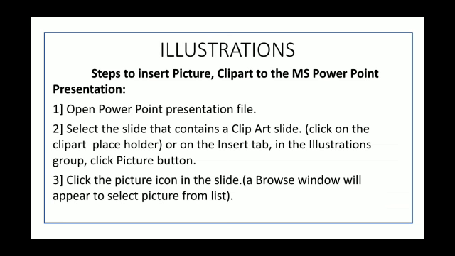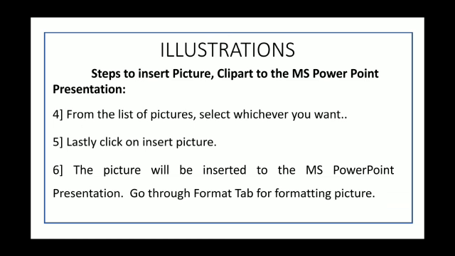A browse window will appear to select picture from list. The browse window will come. Whichever picture you want, you can select from that. From the list of pictures, select whichever you want. Lastly, click on insert picture. The picture will be inserted to the MS PowerPoint presentation.